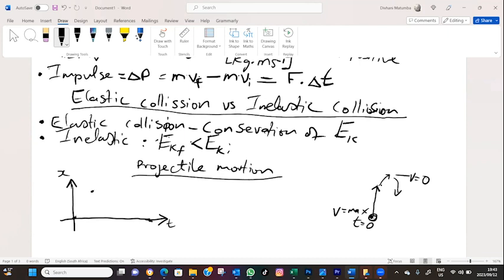After a period of time, the ball reaches a certain point and then comes back, and your displacement is decreasing.